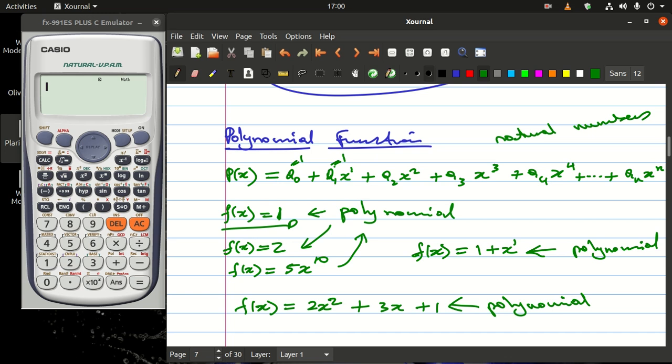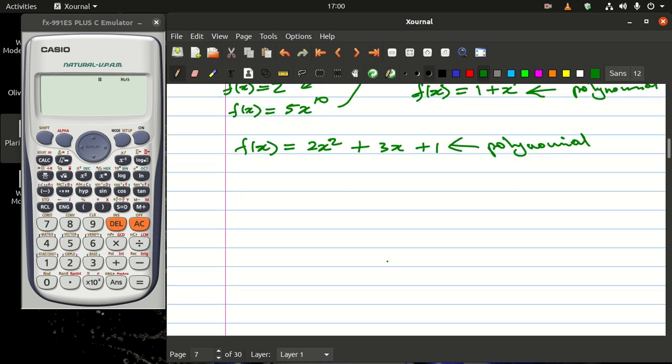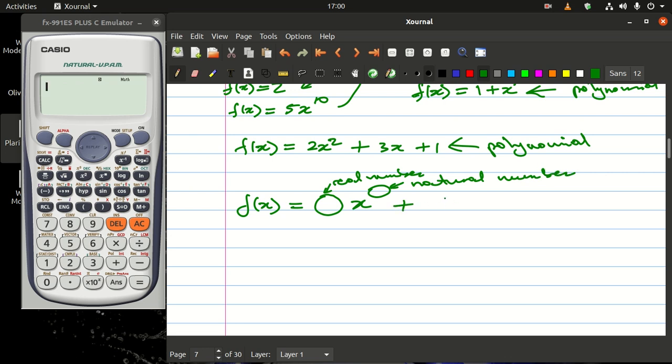So how do we actually look at this polynomial thing? As long as we have some function f of x equal to some real number here, and then here you have x to an exponent, and this exponent is a natural number, plus a real number, x to a natural number, plus a real number.